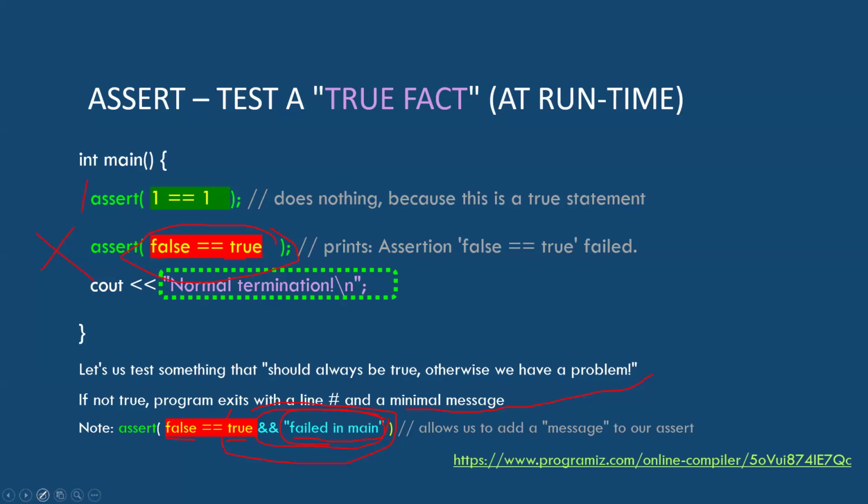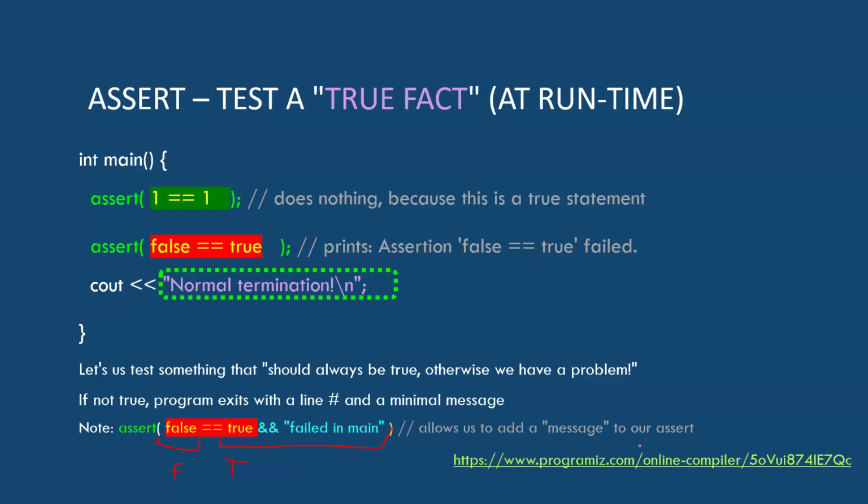So let's talk about that briefly, because we are an advanced class. So this is going to compare false with true and a string. A string evaluates in a Boolean sense to true, unless it's a null string or maybe an empty string. So all we're really doing is comparing false with a true over here.